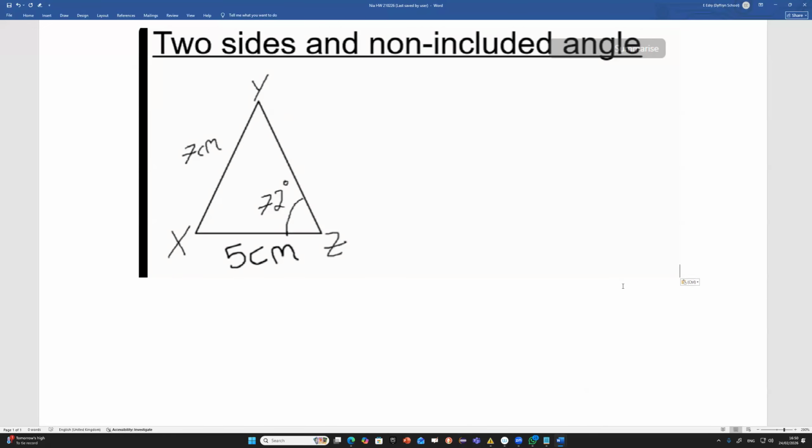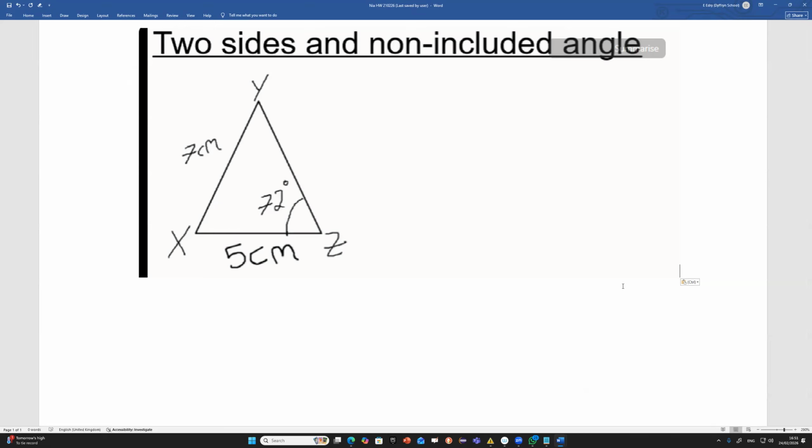So I'm going to get my protractor and center it on Z, which is the right side of the line. Obviously I need to go clockwise because I can see it's 72 degrees above. The 0 is on the outside, so I stay on the outside. So we go to 72, which is there, and then you draw a line from Z through that point.